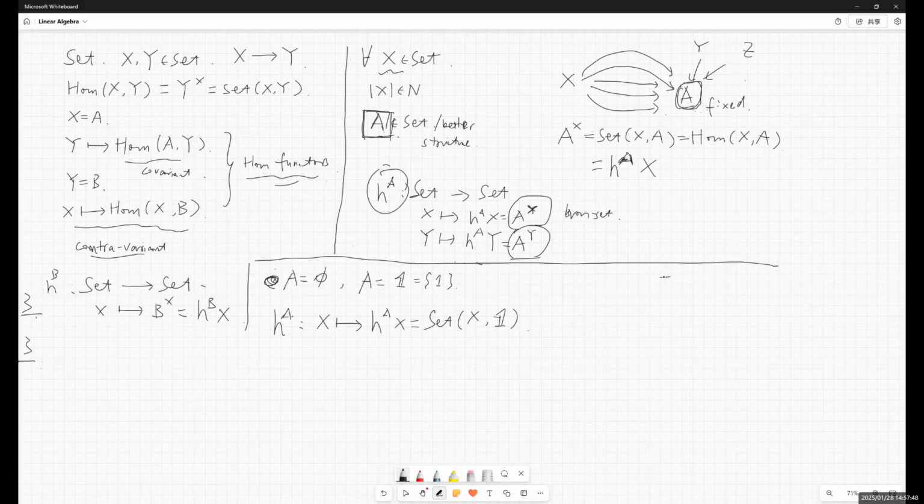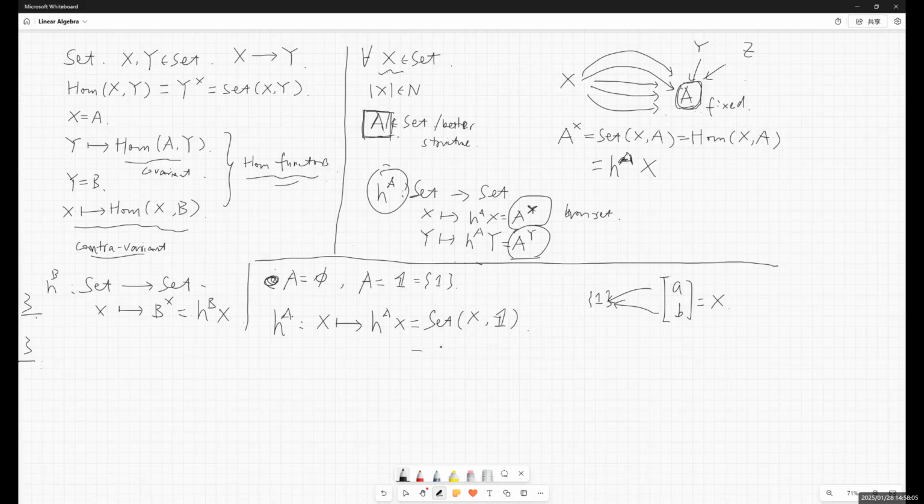So if X equals {a, b} and it maps to the singleton, there is only one possibility.